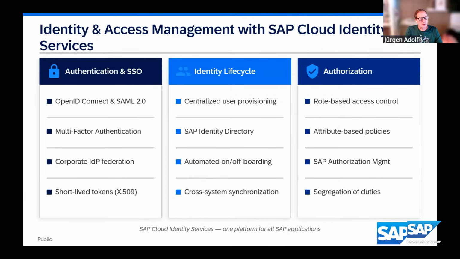So the recommended pattern is to use SAP Cloud Identity Services as the single platform for all SAP applications in your landscape. This is not only BTP, but for all applications. This gives you one place to manage the users and one place to enforce policies, for example, password policies, and one place to audit the access to your solutions and applications in the SAP landscape.